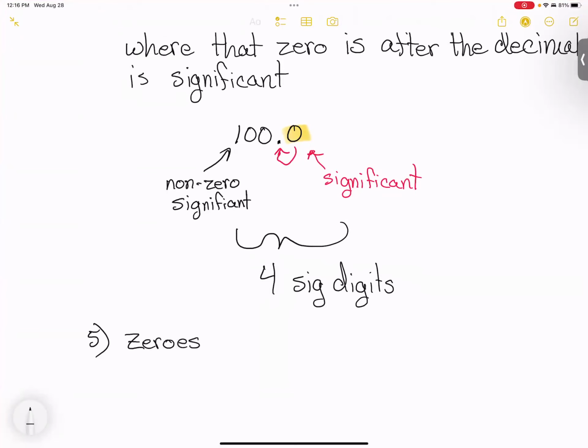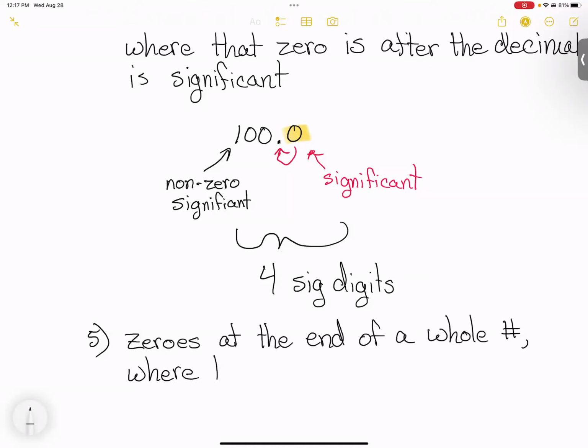Zeros at the end of a whole number where the decimal point is showing are significant.